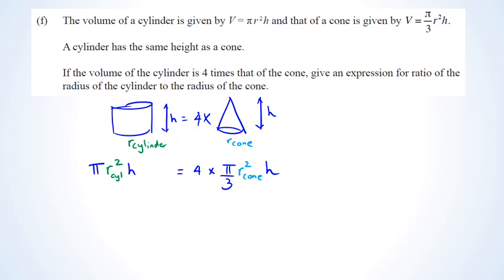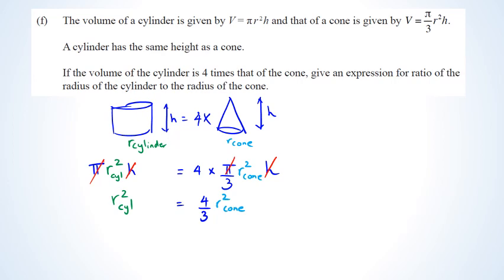So once we have this, it's just a matter of rearranging or cancelling things out. Because we have height on both sides, I can cancel it out. Because we have pi on both sides, I can cancel it out. And so what I have here is r squared of the cylinder is equal to 4 over 3 r squared of cone.